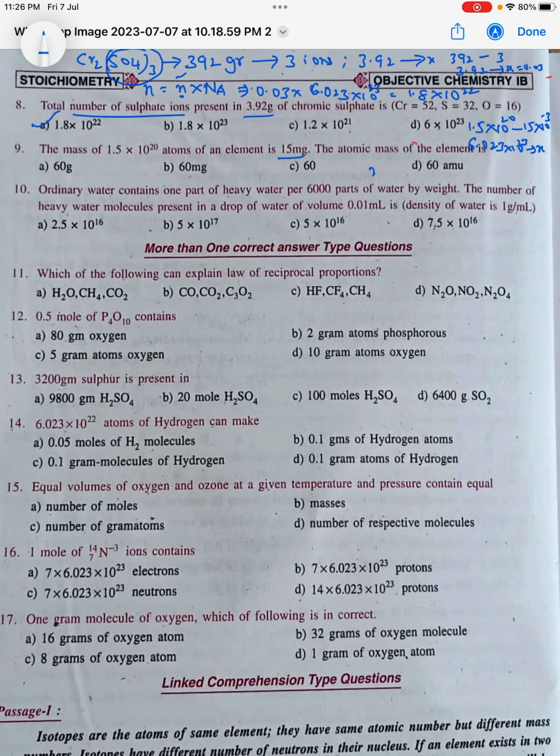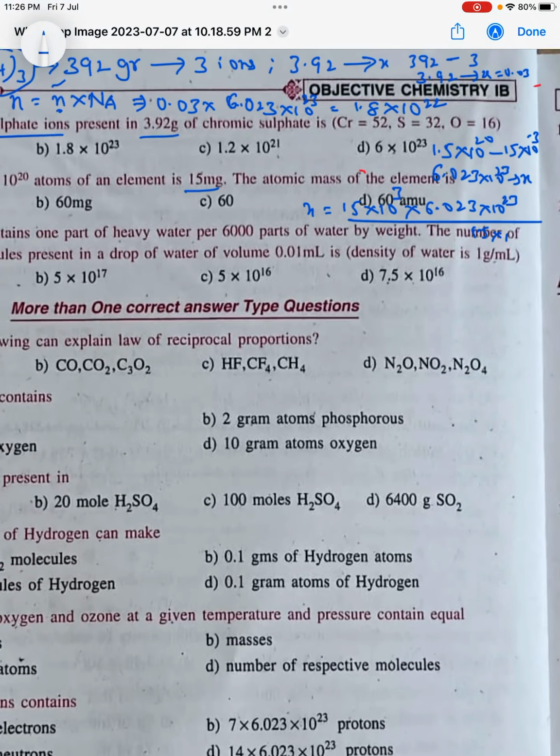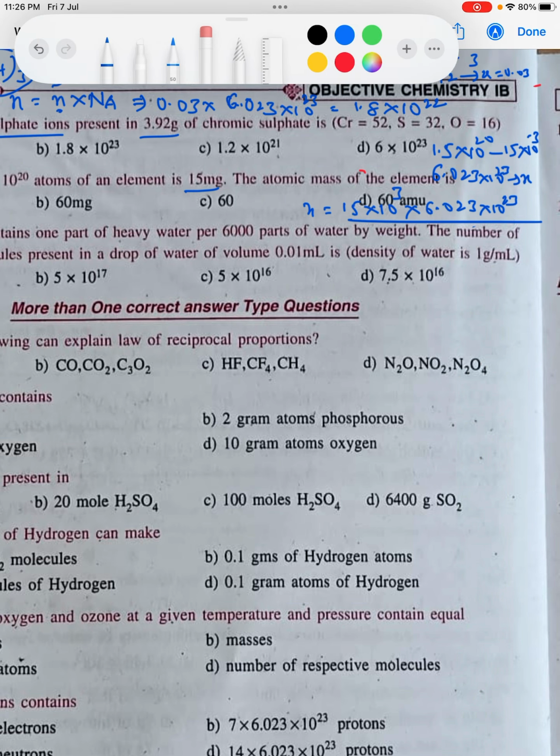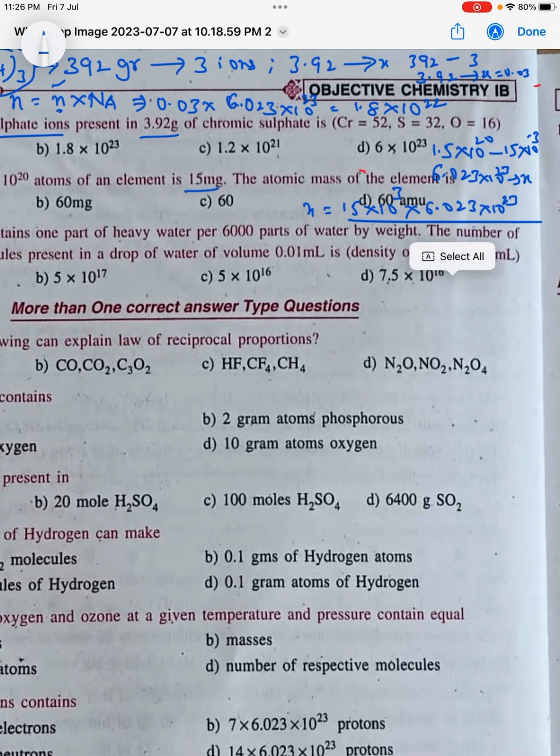X is equal to 15 into 10 to the power minus 3 into 6.023 into 10 to the power 23 divided by 1.5 into 10 to the power 20.